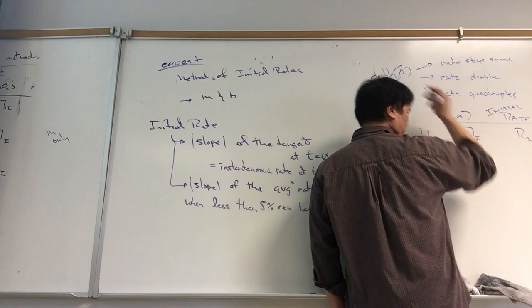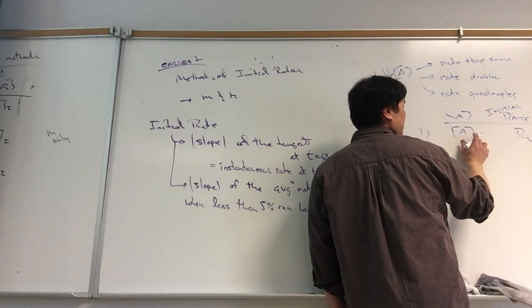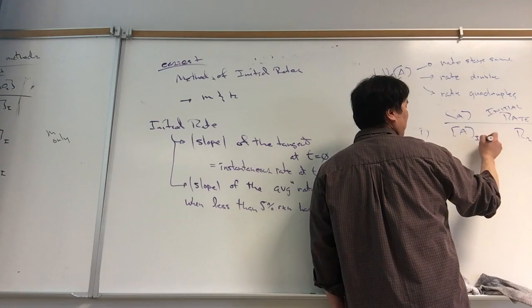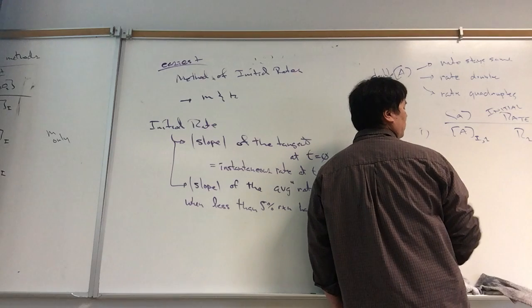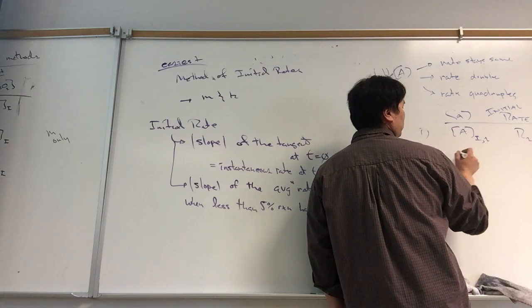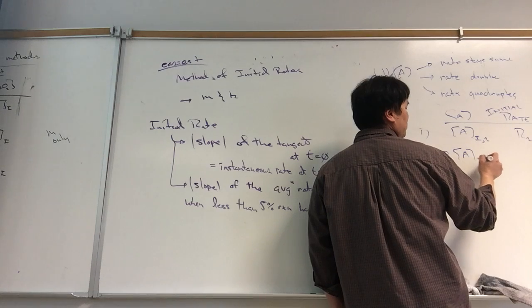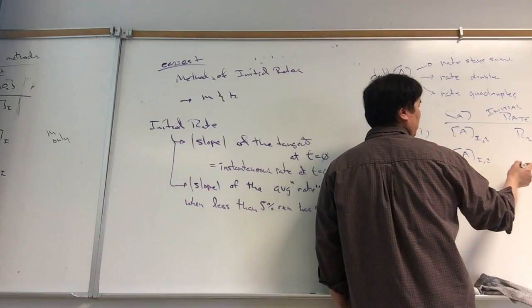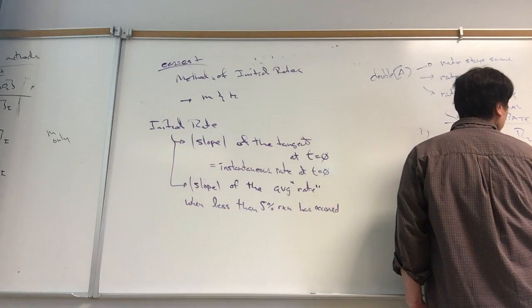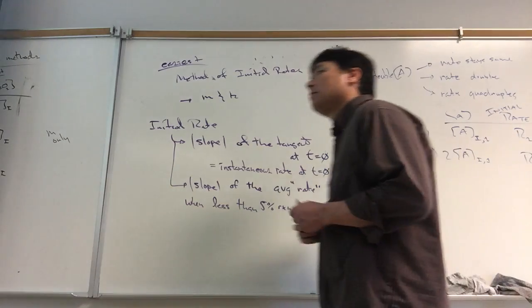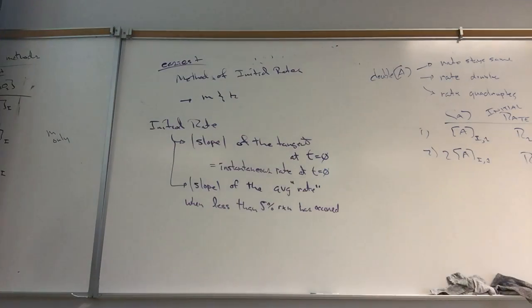This is the concentration, and so this is A initial 1. It gives us rate 1. And then I'll do experiment 2 where I'll double this concentration. So I have 2 times that. Then see what happens to the rate. So this is what we're doing here. Do you see that?